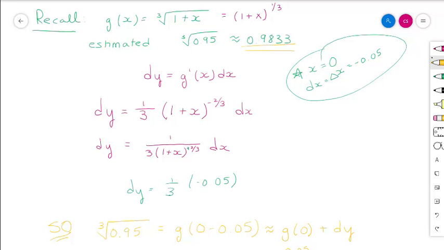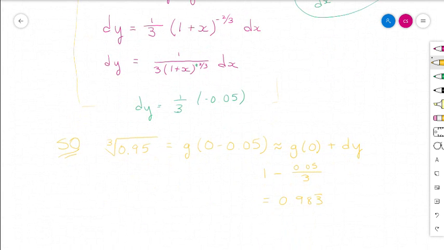So a different way of looking at the same problem, right? We're doing the exact same thing, we're just looking at it differently. Last time we created the tangent line around x equals 0, and then estimated our new value of x, that negative 0.05, on the tangent line. This time we're using our differentials. Okay, so excellent.